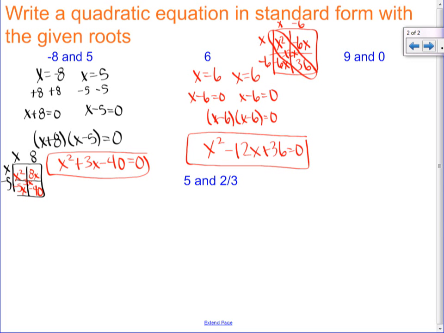We're going to start them the same way, set them both equal to 0, or sorry, x equals the number. Now we want them equal to 0, so we have to subtract this 9 over here. But this one doesn't change at all, so these are where we're at right here.